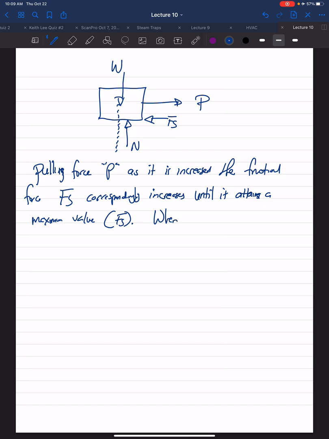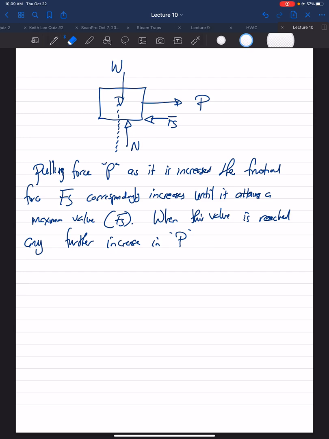When this value is reached, any further increase in the pulling force, P, will cause the block to move.